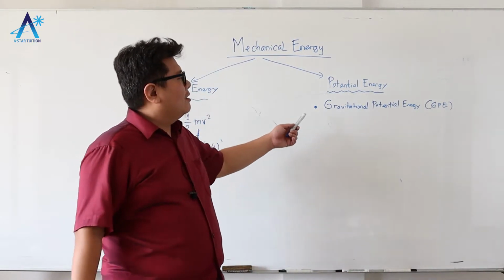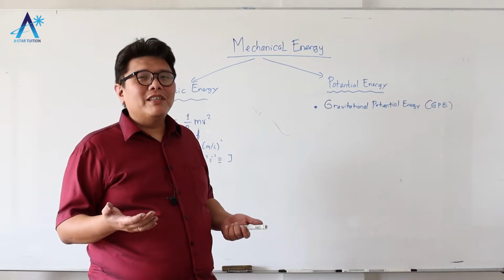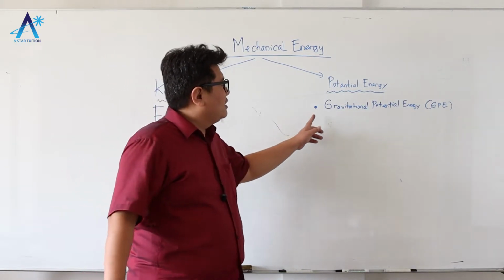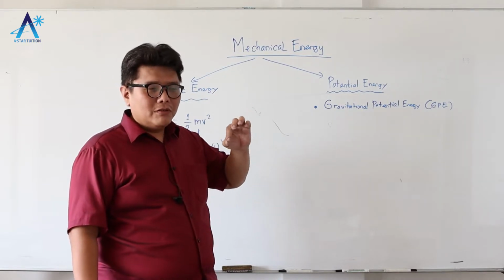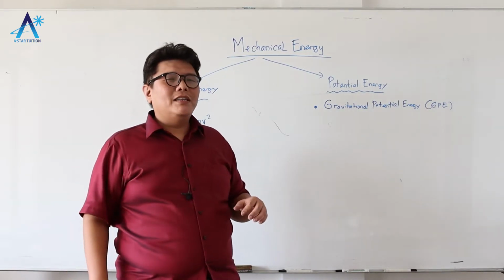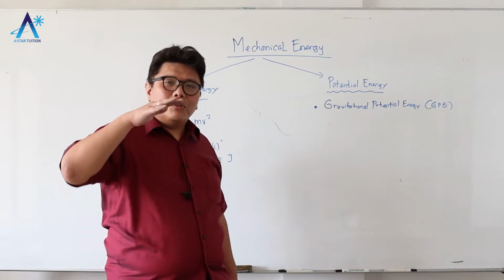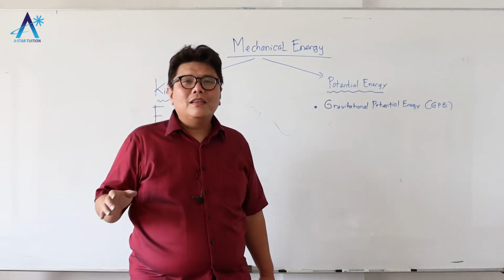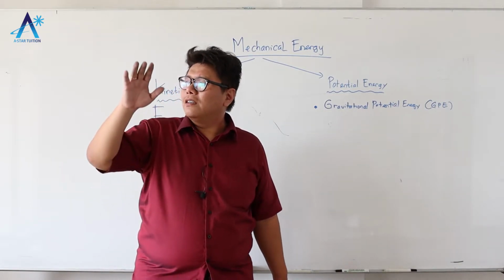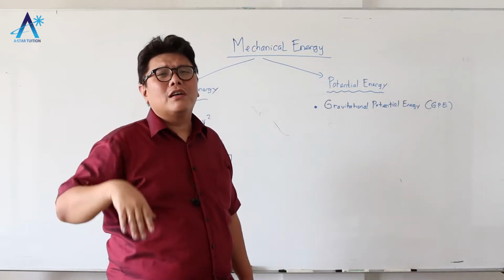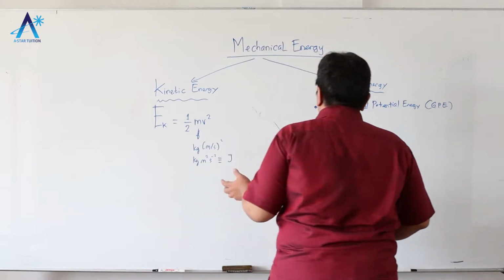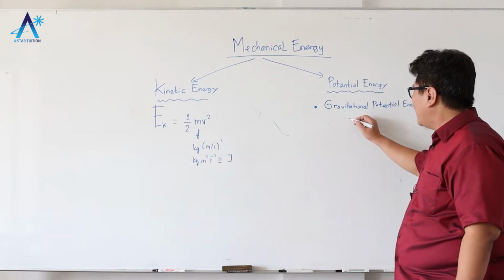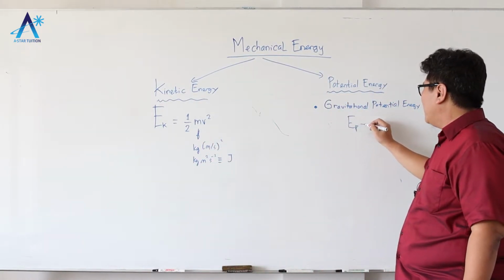Earth itself is one example of a planet. So the GPE of an object that is bound to the planet, as long as it's located relatively close to the surface of the planet, in other words, the distance is less than 1 kilometer, the g is constant, so therefore we define that as mgh.